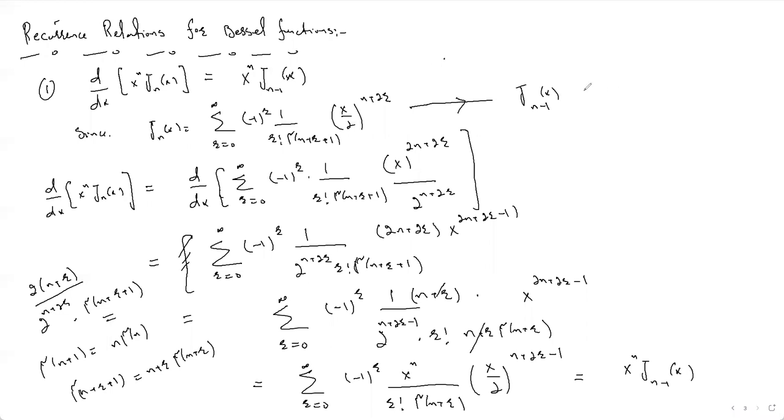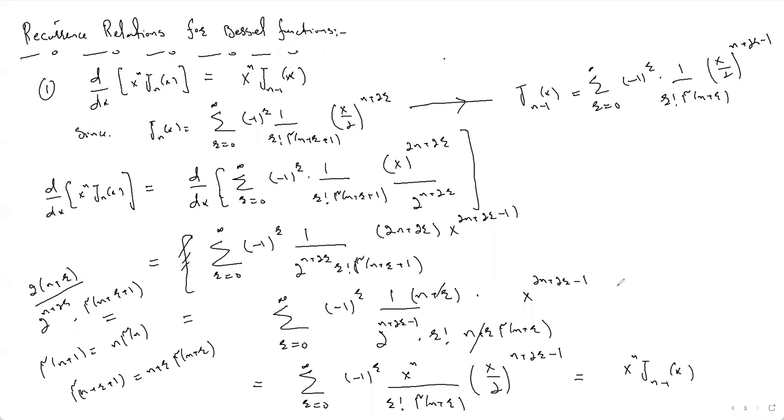Here, Jn minus 1 will be equal to summation r running from 0 to infinity, minus 1 raised to power r, 1 divided by r factorial. This will become gamma of n plus r, with n replaced by n minus 1, into x by 2 raised to power n plus 2r minus 1.